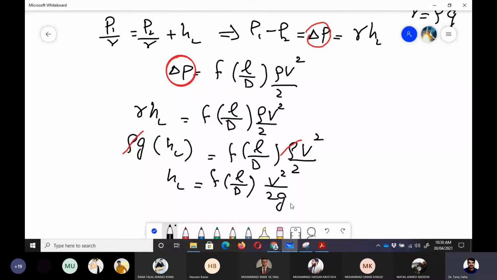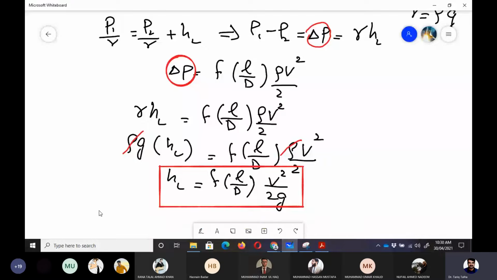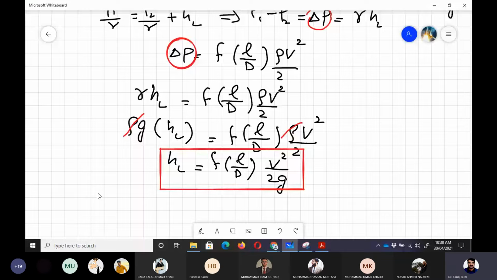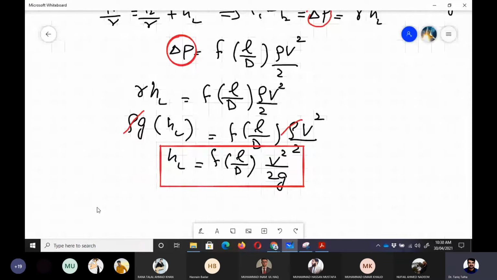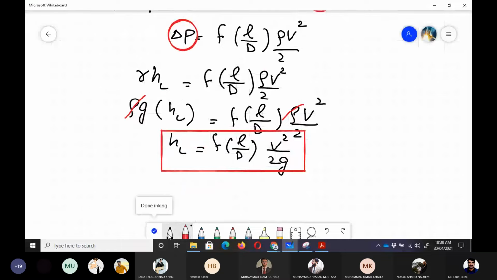So this is the relation between the major head loss and the friction factor. Now the friction factor for laminar flow, we know, is equal to 64 upon Reynolds number.